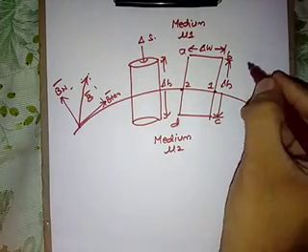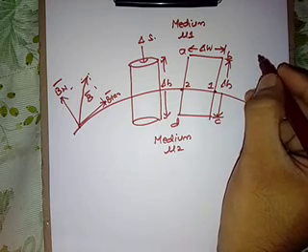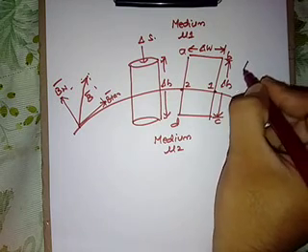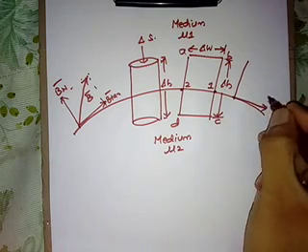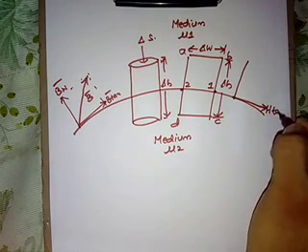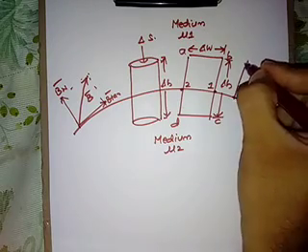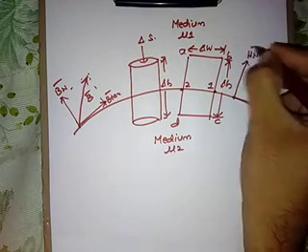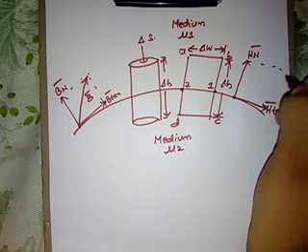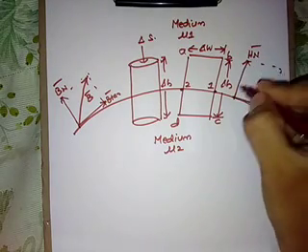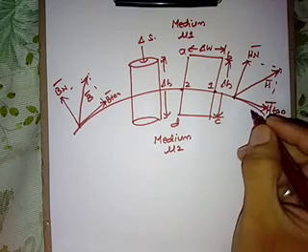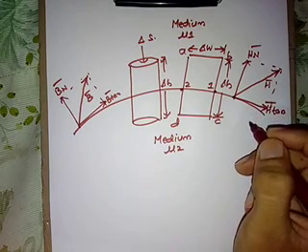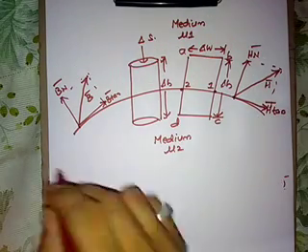Then the H bar component, here also we are resolving H tangential bar, the magnetic field intensity. The normal component Hn bar, the resultant of these two is H bar. So these are the boundary conditions.